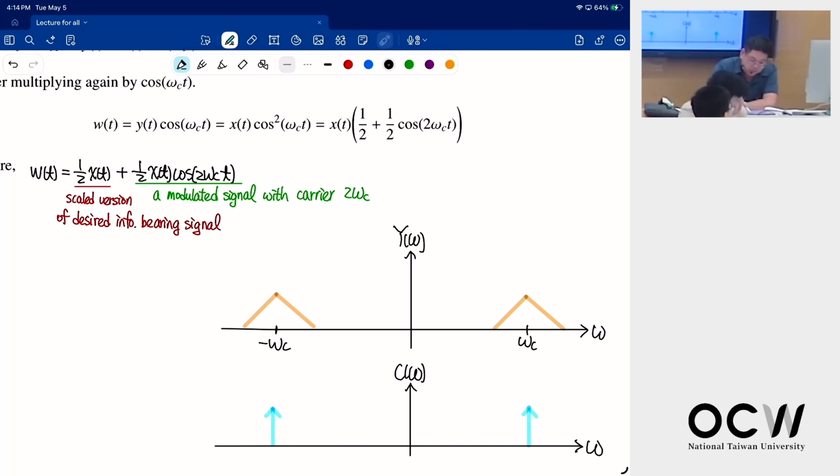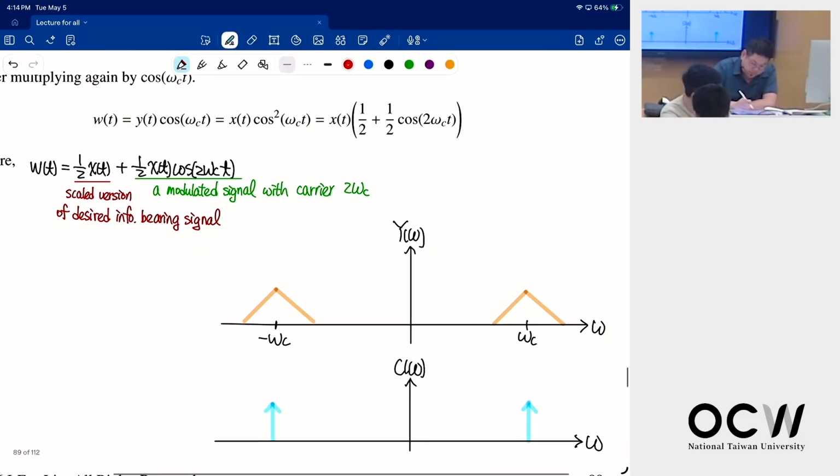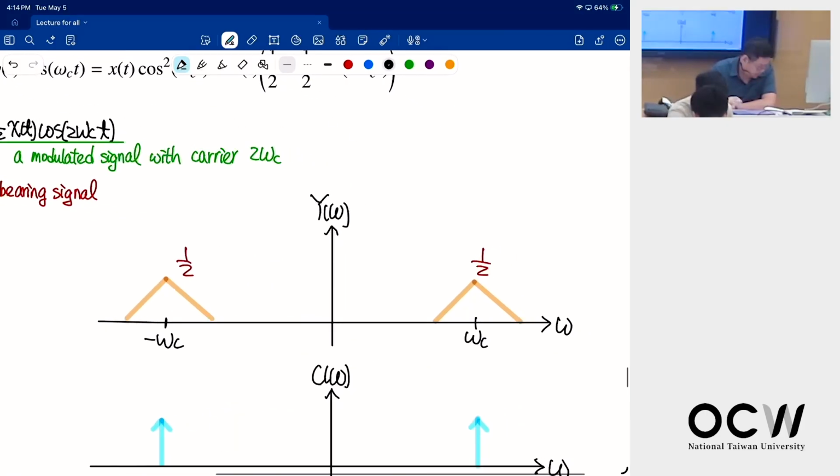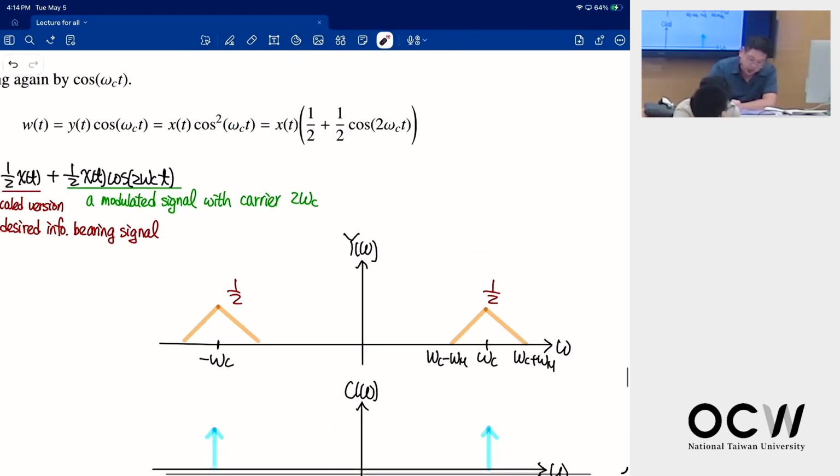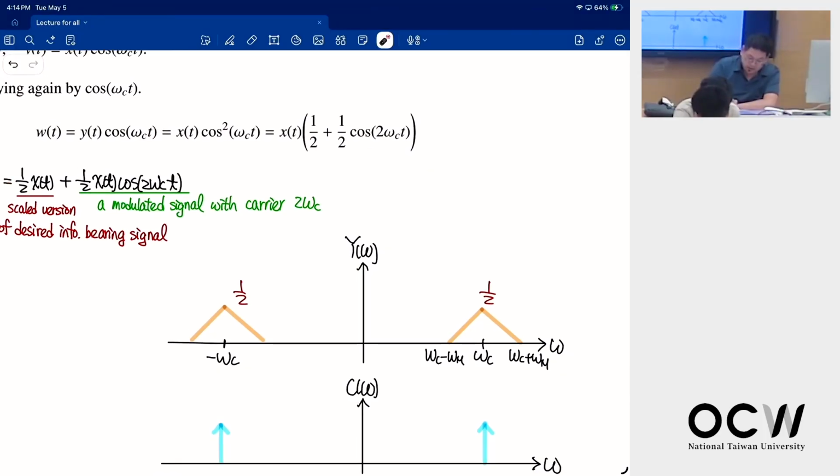So suppose that your output is already this one, right? And the magnitude is 1/2. And this is omega c minus omega m, omega c plus omega m. And you can imagine why omega c should be much greater than your bandwidth, to avoid any aliasing later.